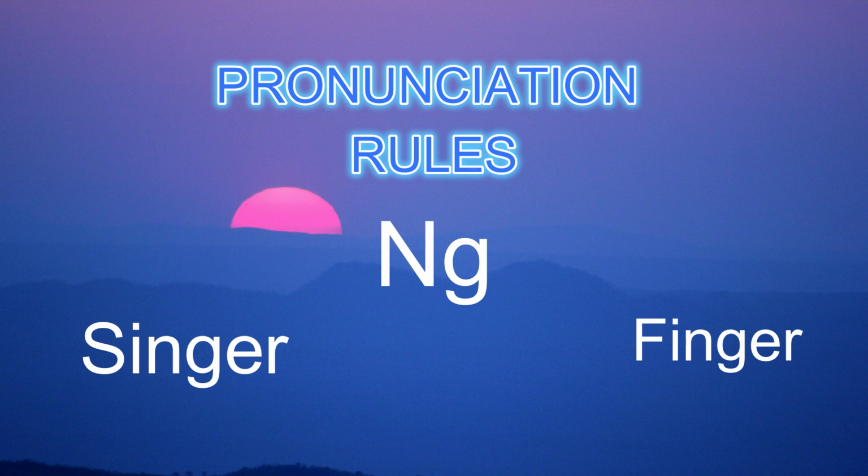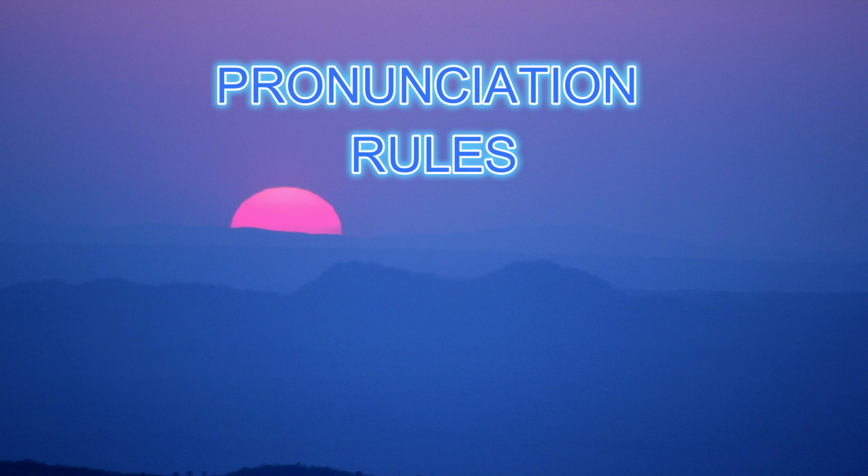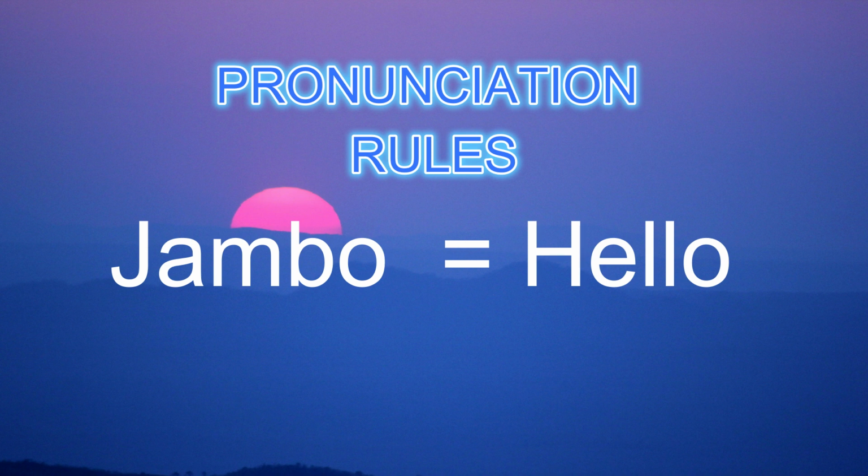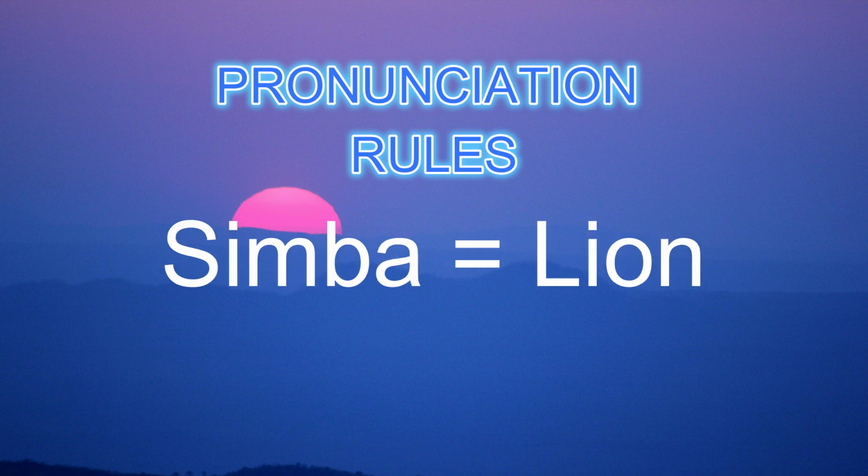Let us practice pronouncing some Swahili words to get a feel of the alphabet and pronunciation rules. The first word is jambo, which means hello. Jambo, hello. Simba, which is lion, like Simba in the movie Lion King.